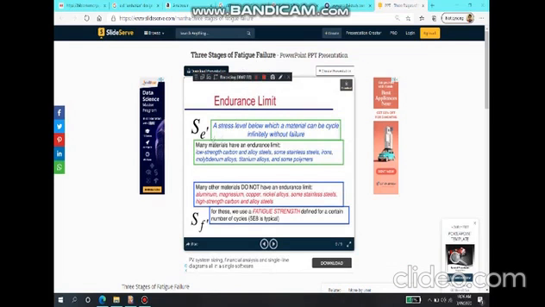Endurance limit is given as sigma E. Here in this they are showing it as E. This is a stress level below which a material can be cycled infinitely, can undergo or experience an infinite number of cycles without failure. That is the meaning of this endurance limit.